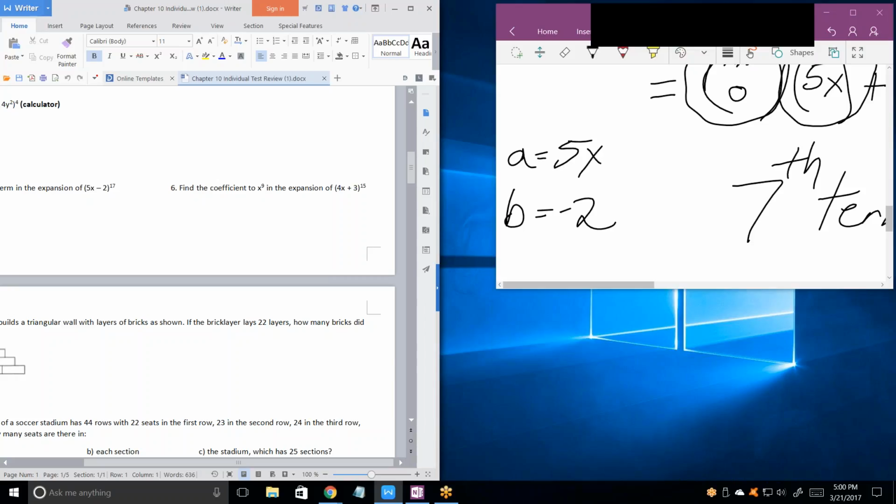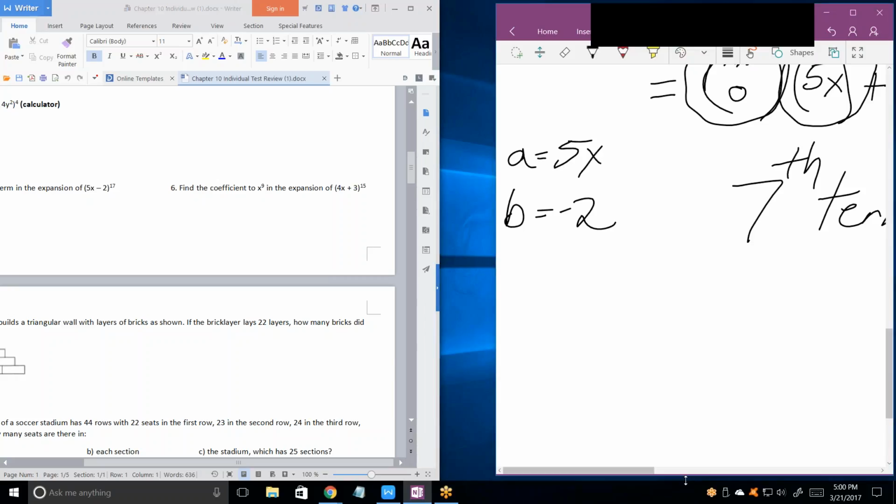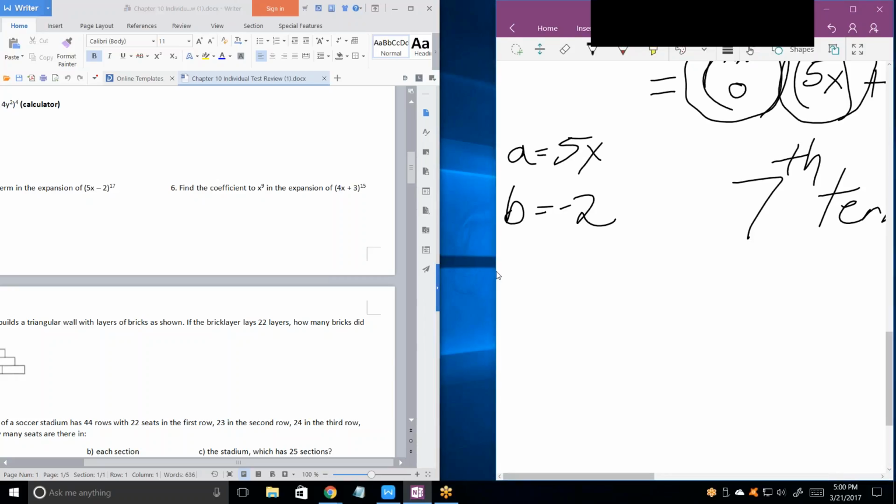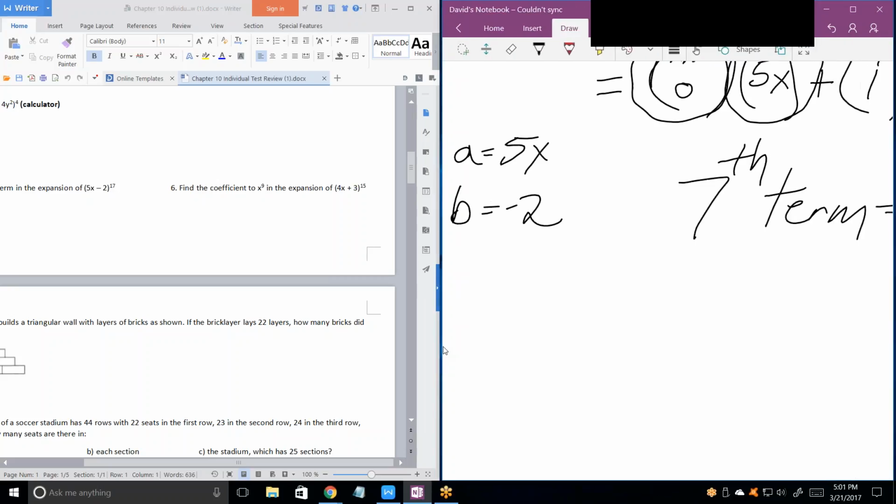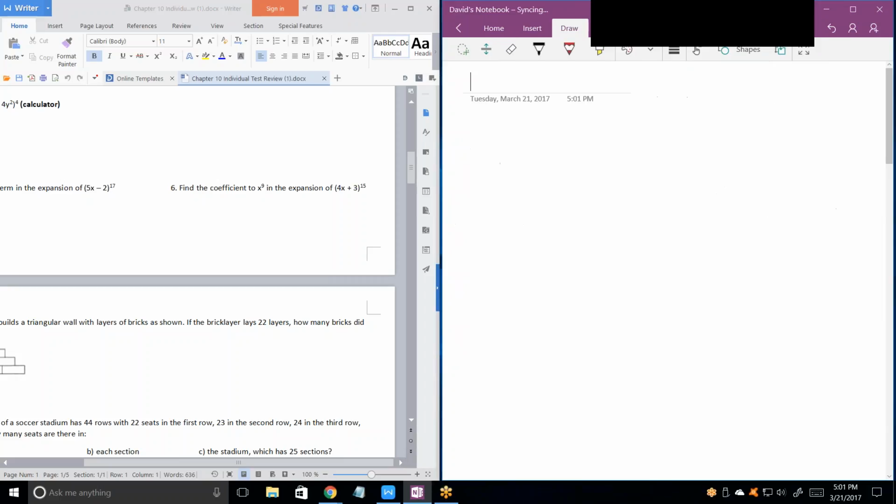In other words, when you get these that are big enough, like to the 15th power, and she wants to know what the coefficient of x to the 9th is. Wow, that's tough, right? Well, here's what we have. 4x plus 3 to the 15th. Just give me the first term.